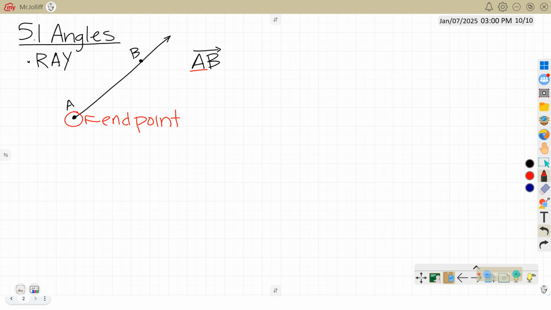Why are we talking about rays? The answer is I need two of them to make an angle. An angle is formed by two rays with a common endpoint.